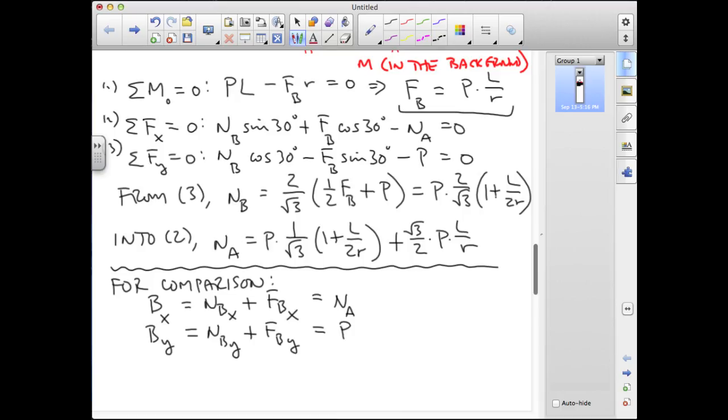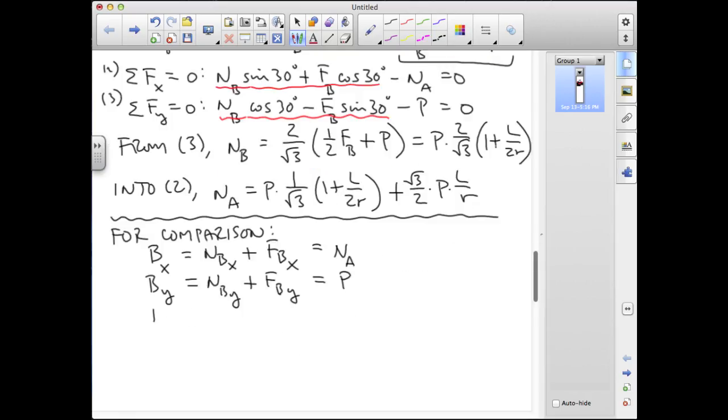P. That's just really a different way of looking at the x and y force component equations, because notice that NBX plus FBX is really this term right here, and NBY plus FBY is this term right here. So I haven't really stated anything new with these equations. I've just essentially looked at the components at B in terms of x and y components instead of tangent and normal components.